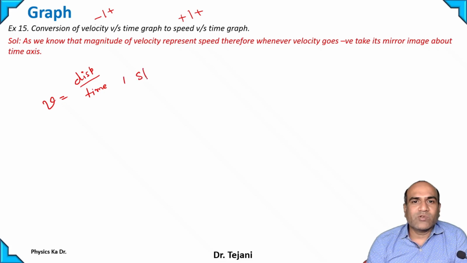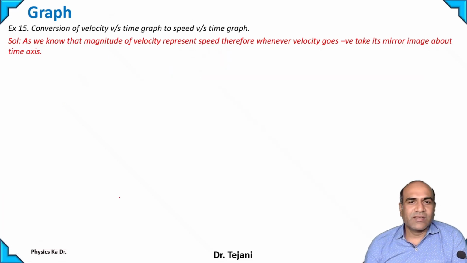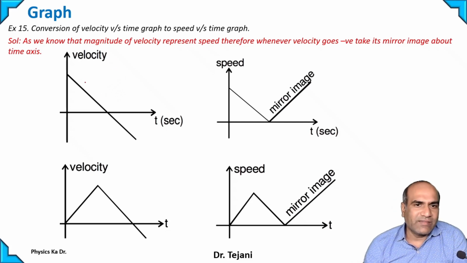But when we talk about speed, it is total distance divided by total time. So there is only this difference. Whenever there is a graph like that, for example, velocity is given like that, but speed cannot be negative.